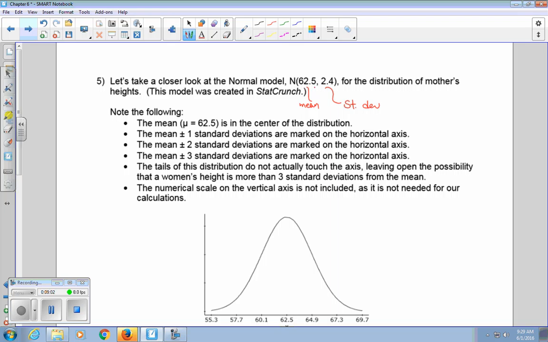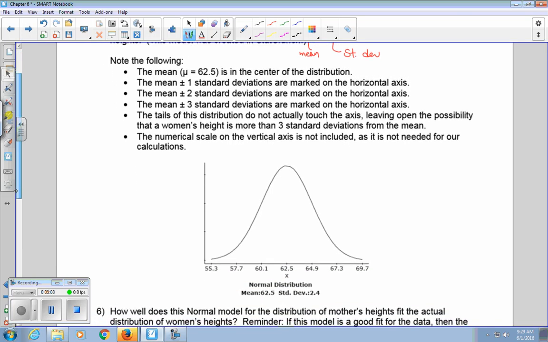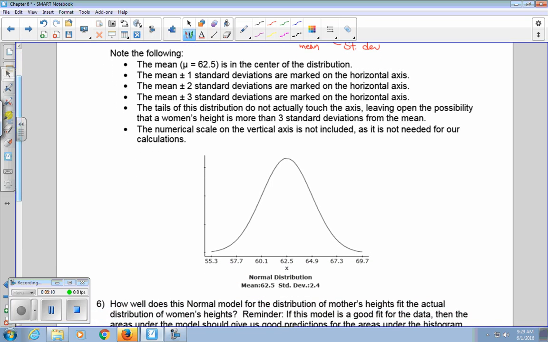Just knowing those 2 pieces of information, we can get a normal model drawn for us using StatCrunch. So the mean is 62.5, that's the center. And then we can see 1 standard deviation, 2 standard deviations, 3 standard deviations above, and going the other way, 1 standard deviation below the mean, 2 standard deviations below the mean, 3 standard deviations below the mean.